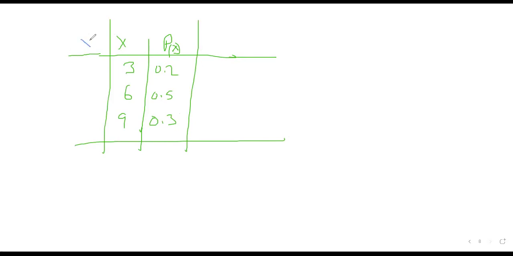So just square the values of x first of all. Here you get what? 9. Here you get what? 36. And here you get what? 81. Then let's get there. I can call this column 1, column 2, column 3, column 4, column 5.